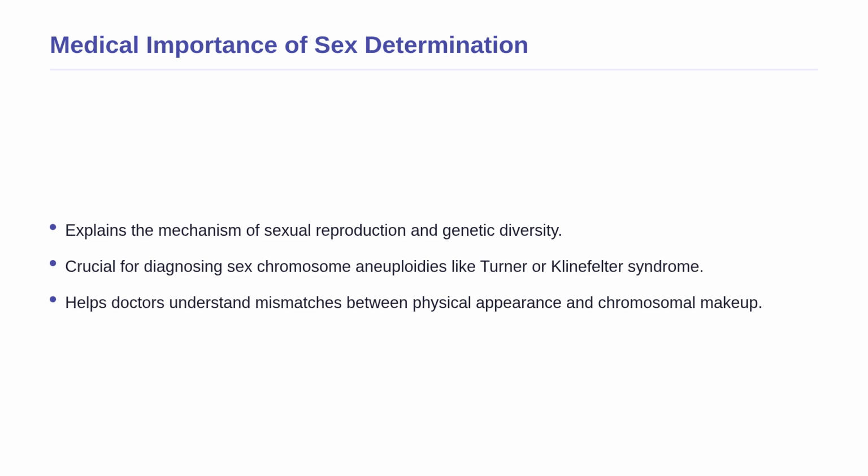In modern medicine, this knowledge is absolutely crucial. It helps doctors diagnose and treat sex chromosome aneuploidies, like Turner or Klinefelter syndrome, where a person has an abnormal number of sex chromosomes. It also provides vital insights into rare cases where physical appearance does not match chromosomal makeup.